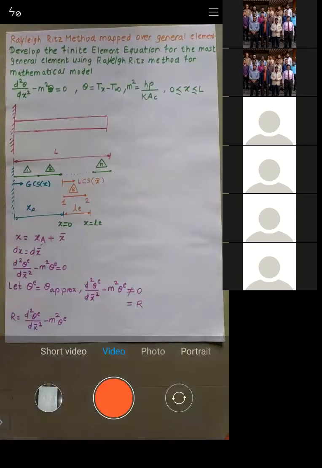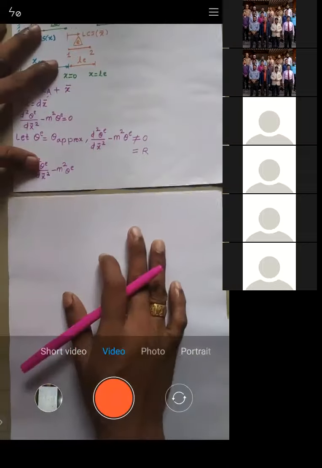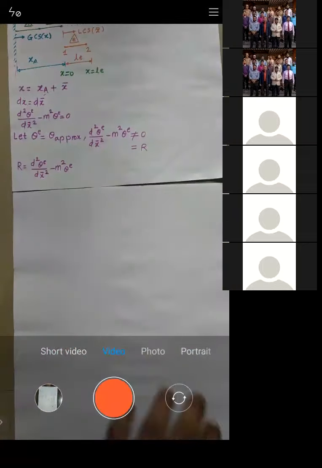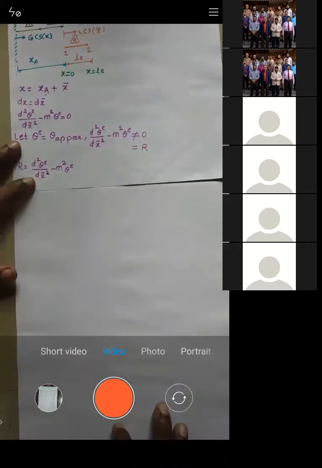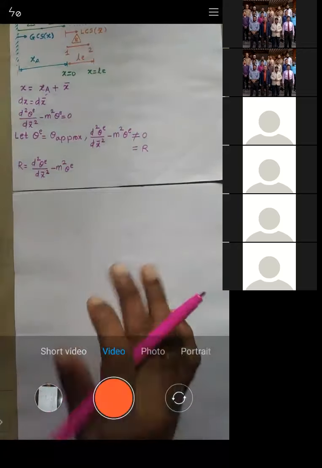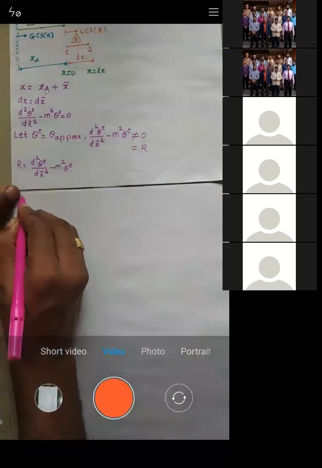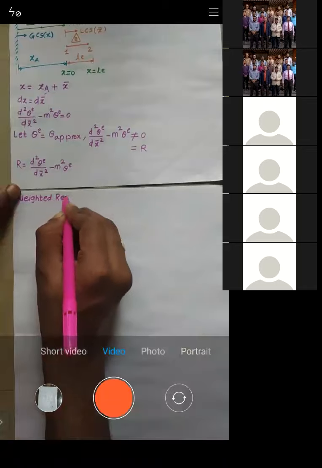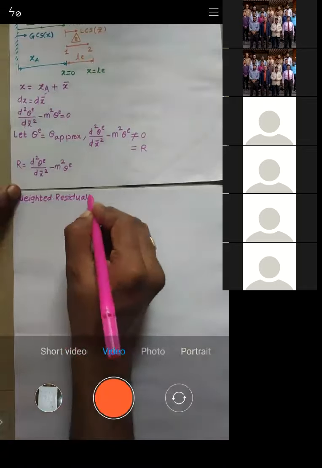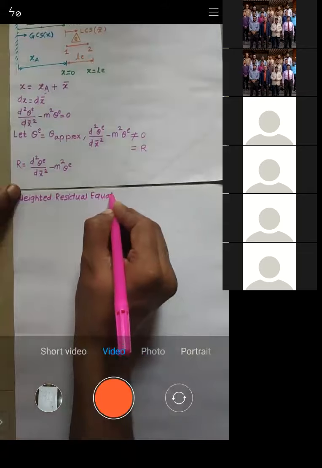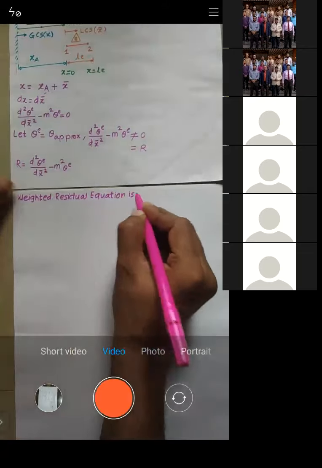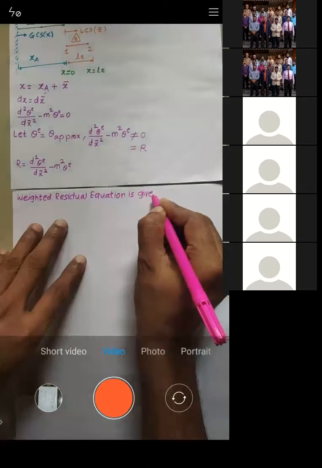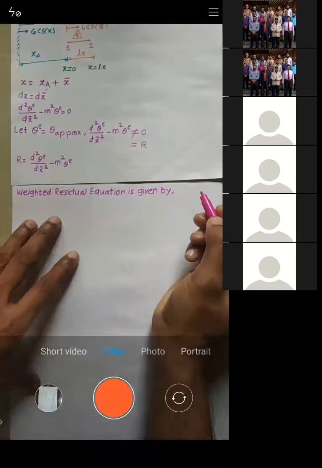Now we want to solve this equation. This is the Rayleigh-Ritz method, which uses the weighted residual equation.